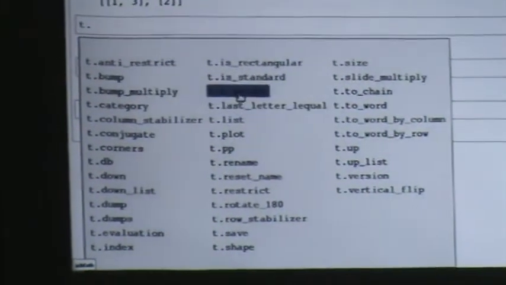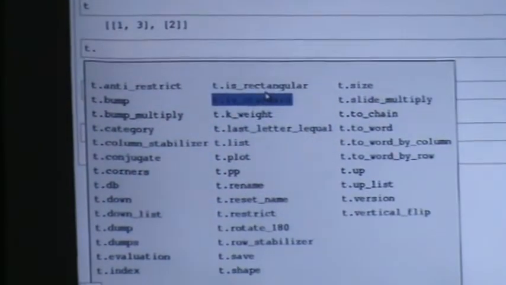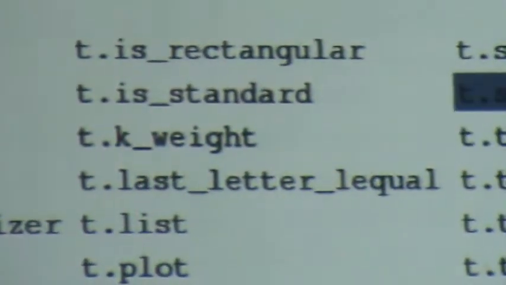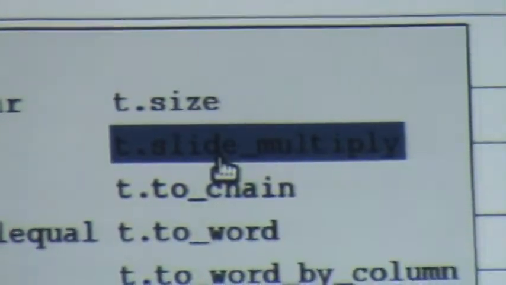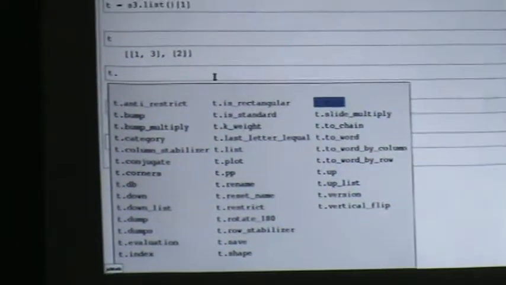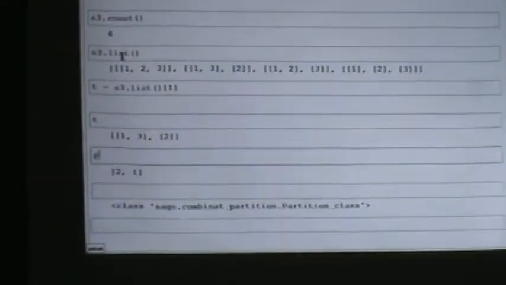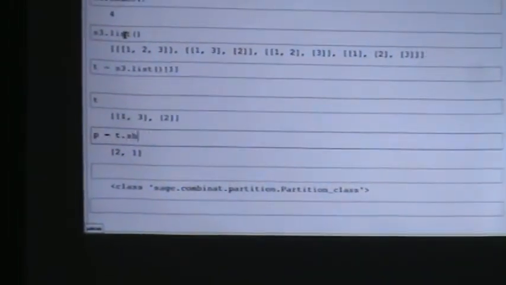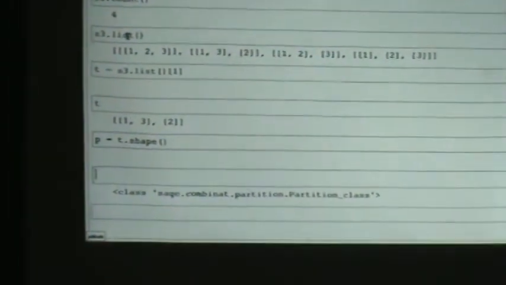You can ask if it's rectangular, if it's standard. You could do multiplication of Tableau using sliding. And shape for some other type of object would mean something else. And it's T dot shape, not for Tableau, but because you defined T to be that object. Okay. Yeah. So I'll say P equals T dot shape. Now P is some partition.